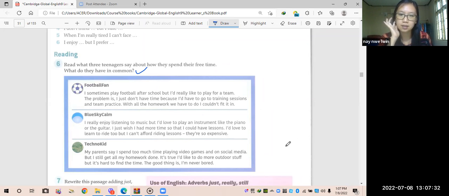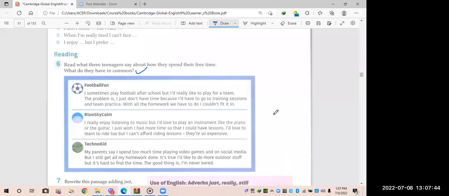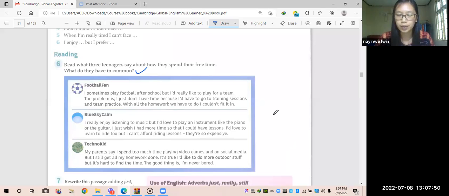Can we say like that? Because for the second one, he wants to learn how to play a musical instrument like piano or guitar, right? So that is obviously not an outdoor activity, right? Yes, teacher, we can say like that. So how about Henderson? What have you got?